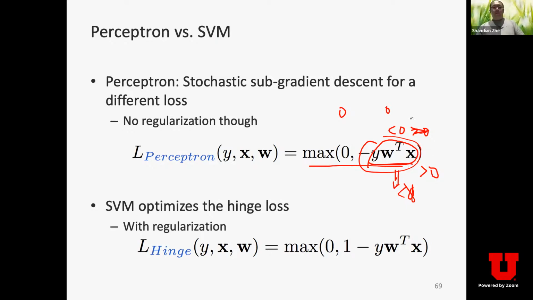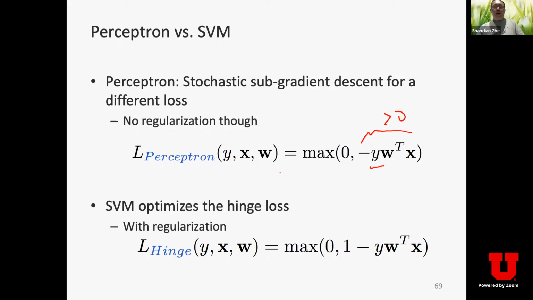On the other hand, if the max value is the second input, that means this guy is bigger than 0, which means this product is less than 0. And when this product is less than 0, you make a wrong prediction on the current example.